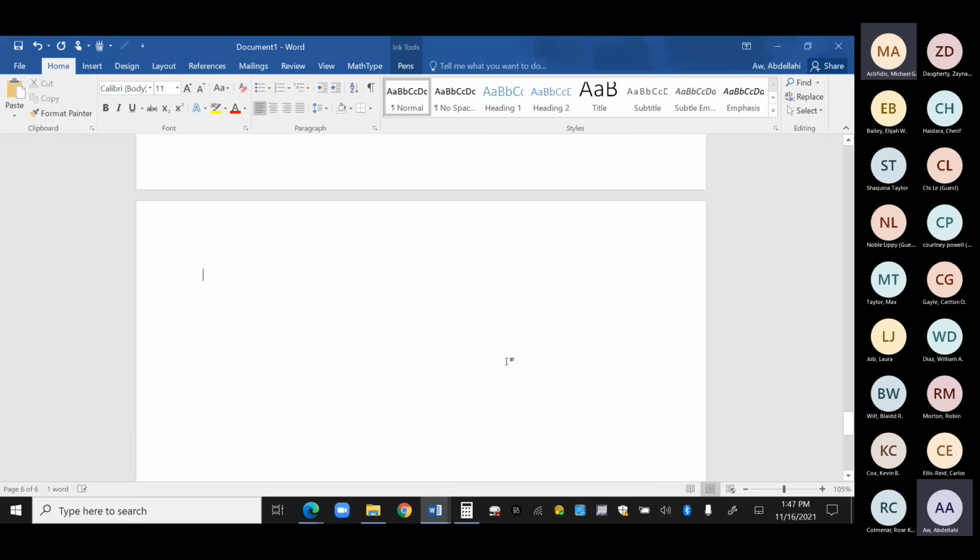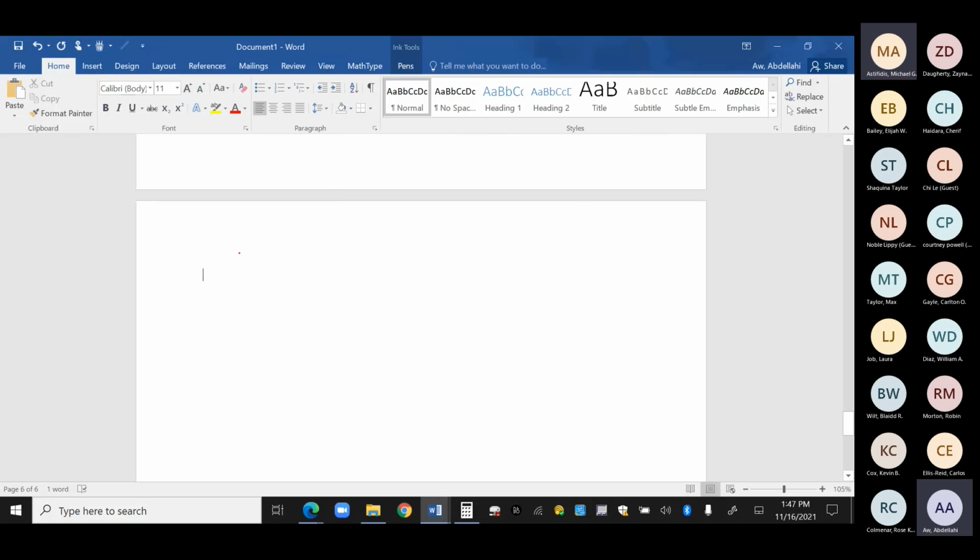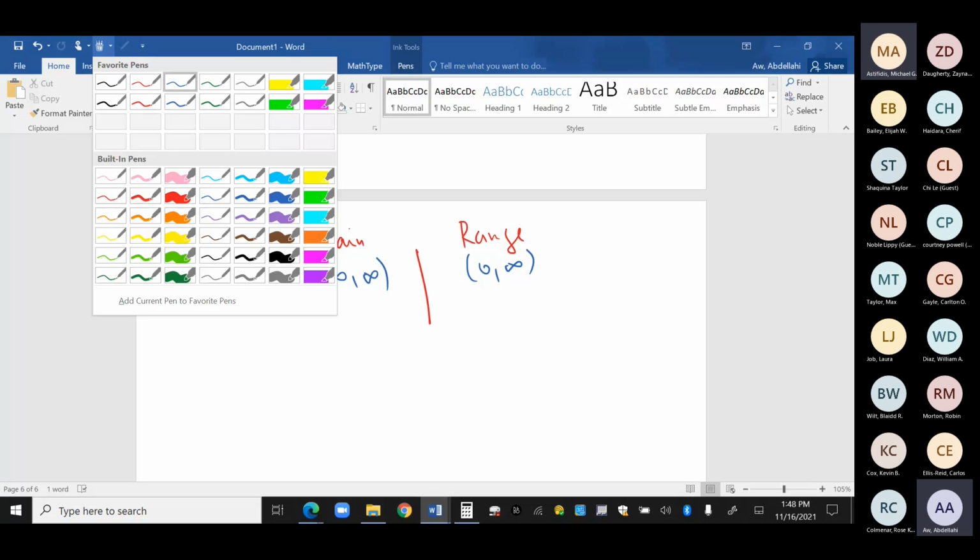But now, at first, we said for the exponential function a^x, the domain is negative infinity to infinity, and the range is 0 to infinity. That's for the exponential function. Now for the log, what's going to be the domain then?